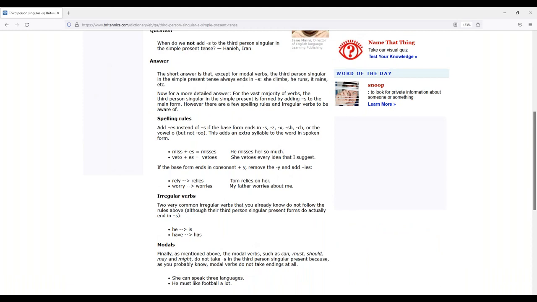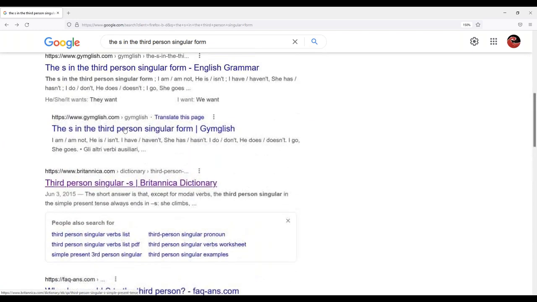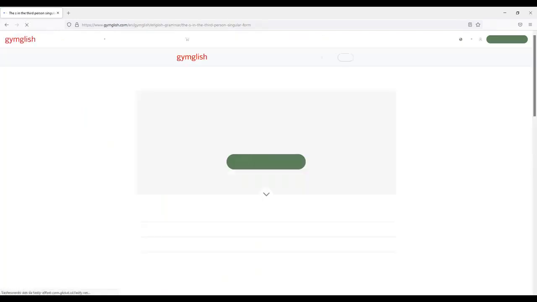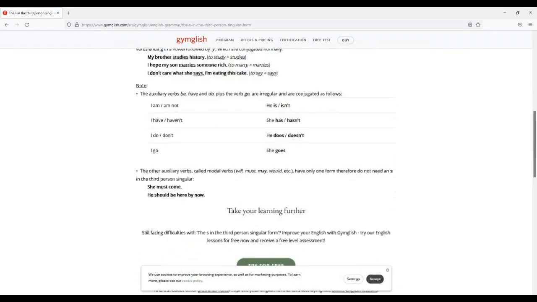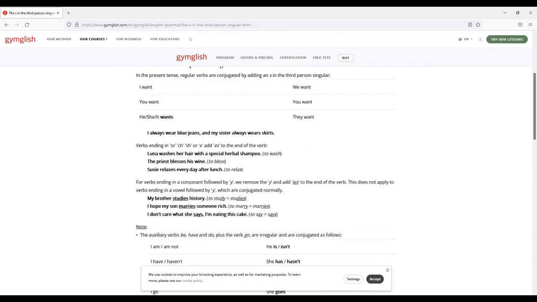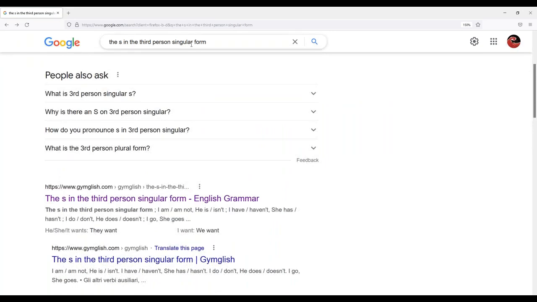So we have to look for something else to find more rules, more general rules. Maybe this one. And this is referring to verbs, but this is not what we are looking for. So third person, the S in the third person singular form.